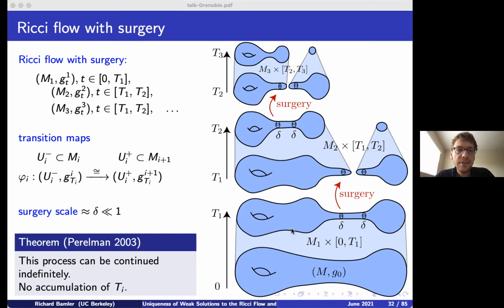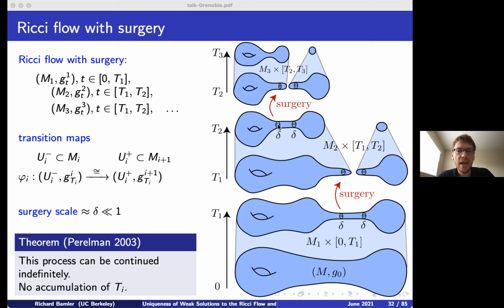Okay? And so you'll see that we'll have something awkward happening near these surgery points. If we glue together these two time slices, we have this kind of forking behavior. And so just so we don't have to worry about what happens near surgery points, we're going to remove all surgery points.